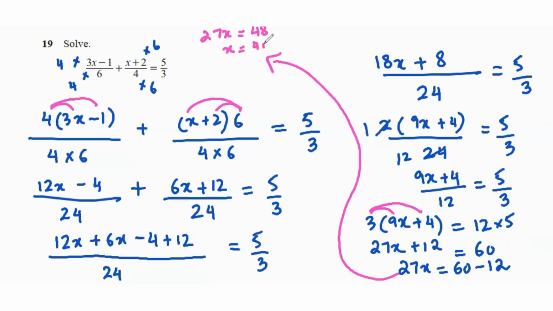X equals 48 over 27, which can be simplified to 16 over 9. That is your value of x.